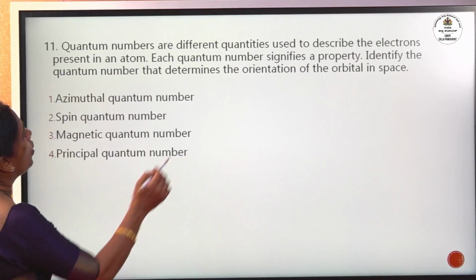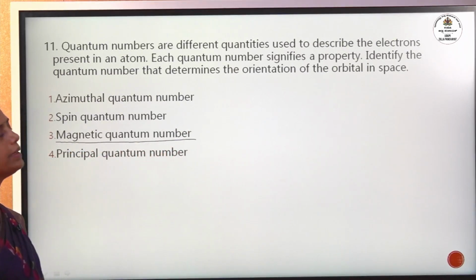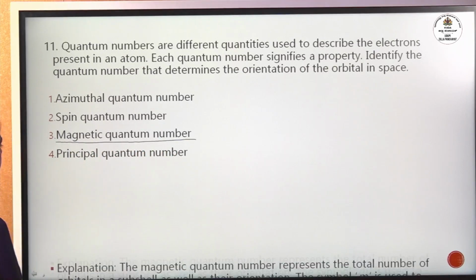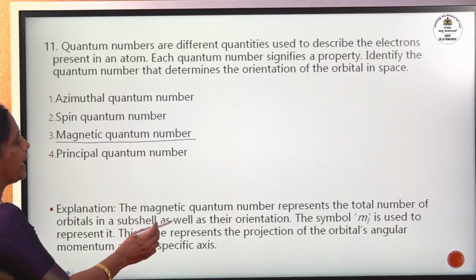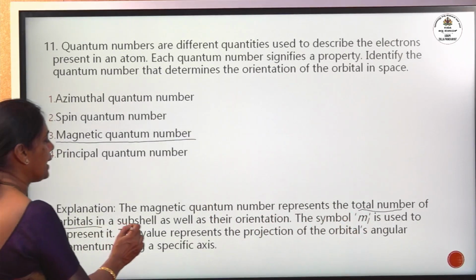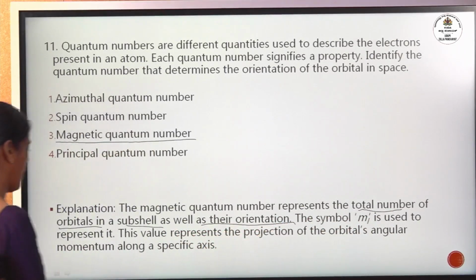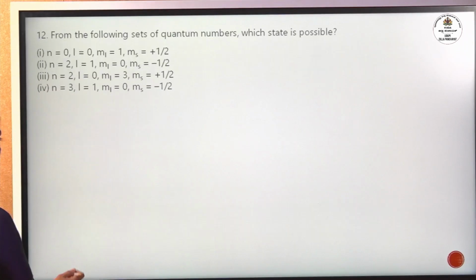Orientation of orbital in space is explained by the magnetic quantum number, which represents the total number of orbitals in a subshell as well as their orientation. So, the answer is C, magnetic quantum number.